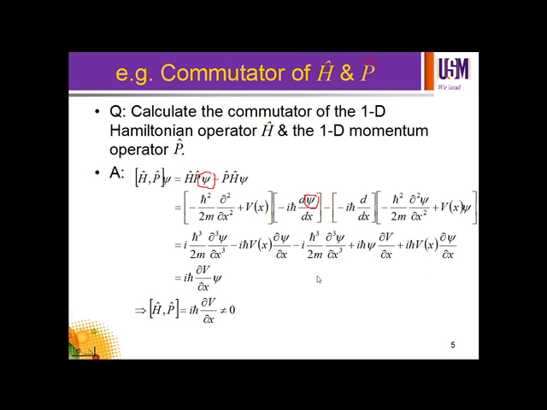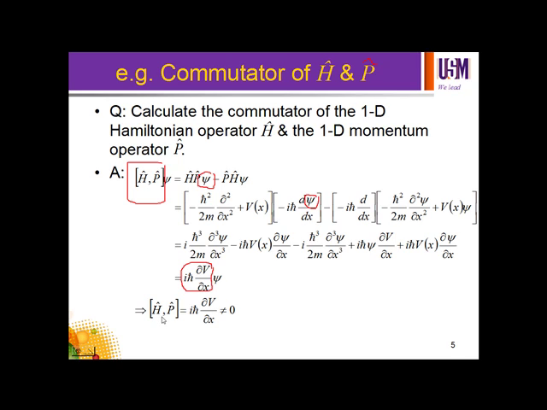Then finally, we have this value, i h bar dV per dx, multiplied by psi. So the operator for the psi here is actually the result of the commutating process.